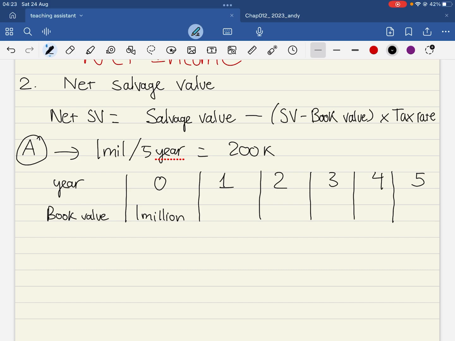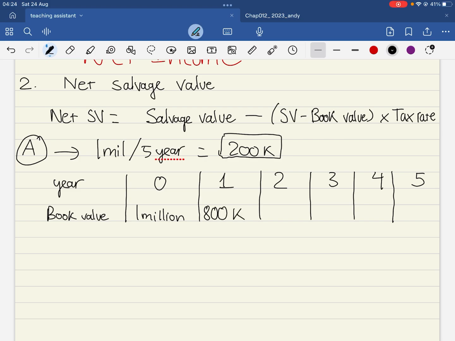After 1 year, we move on to year 1. The asset depreciates by 200k, because every year the asset will be depreciated by $200,000. Therefore, the book value becomes 1 million minus 200k, which is 800k.